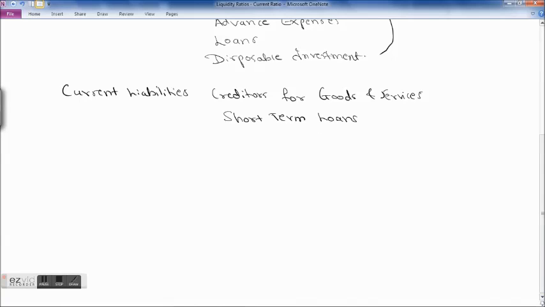Short term loans means less than a year, we say. Then bank overdraft is also a loan facility given by a bank where you can overdraw your bank account. Then cash credit.